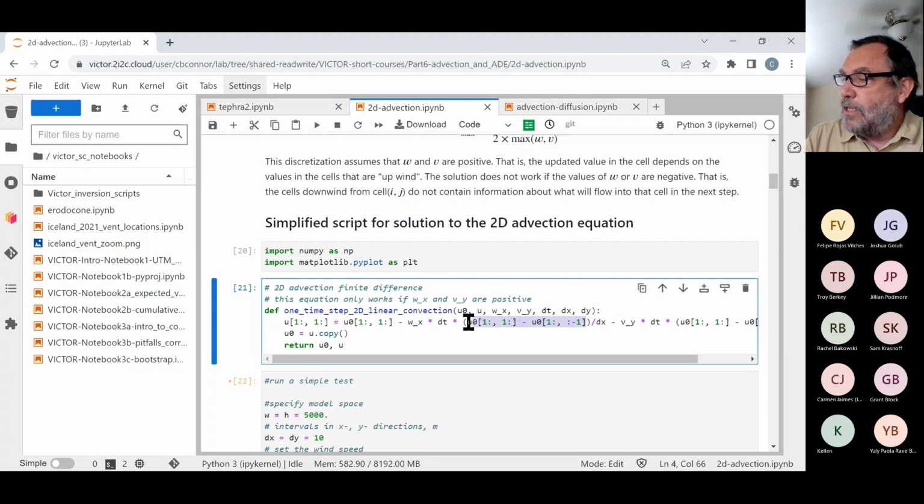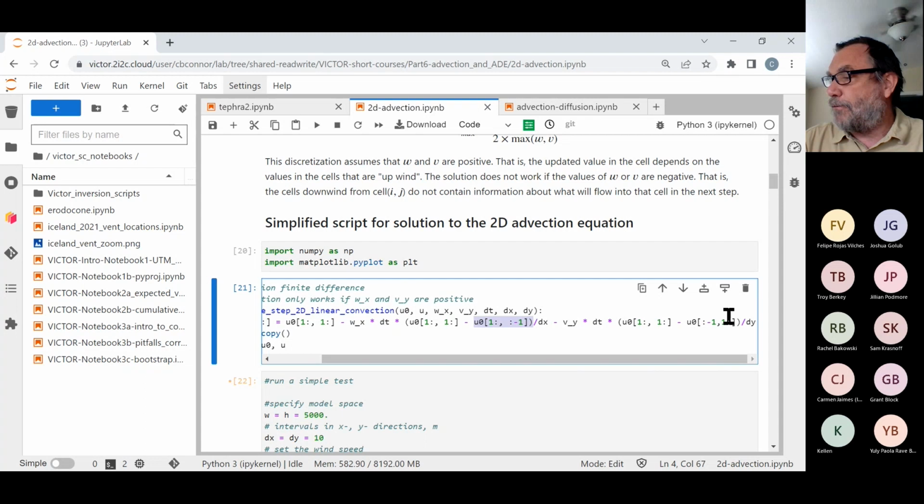And so this is U0, 1, 1. That's the same as this term, so that's like saying tk at ij. And this one is at tk i minus 1 j. So it takes a while to work through that, but that's what's up to there.